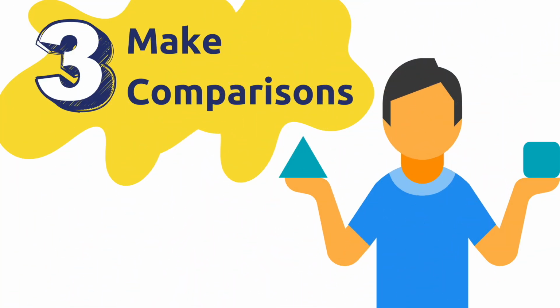And then micro skill number 3, this is making comparisons. In most of these charts, you've got to talk about whether X is higher than Y, which ones are bigger at certain points.